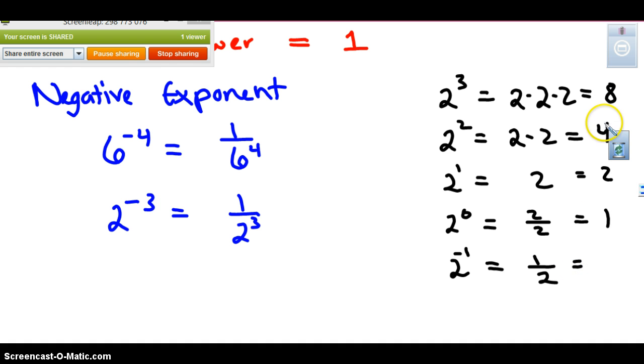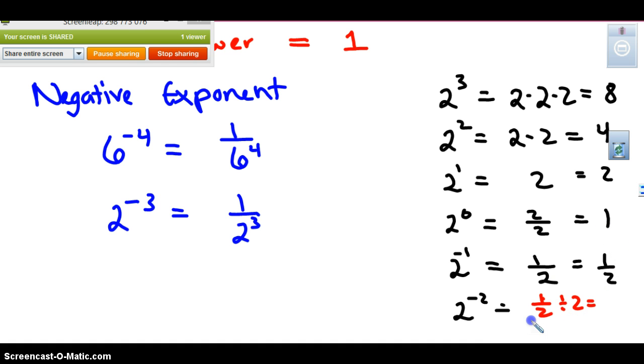8 divided by 4 is 2. 4 divided by 2 is 2. And 2 divided by 2 is 1. So 1 divided by 2 is 1/2. 2 to the negative 2 power would be 1 over 2 squared, which is the same thing as saying 1/2 divided by 2.